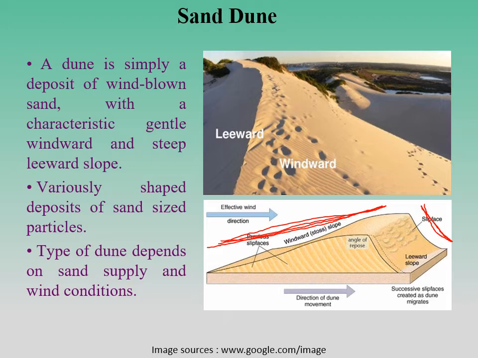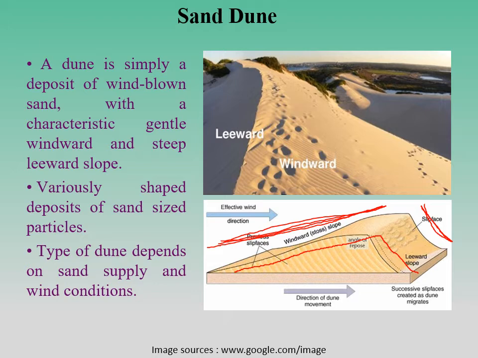So when this is the position of the dune, the wind-blown particles hit the stoss side, and erosion occurs. Now the modified stoss side will be like this, and when deposition occurs, the lee side will move forward. So in this way, erosion occurs from the stoss side and the lee side grows in the down current direction.